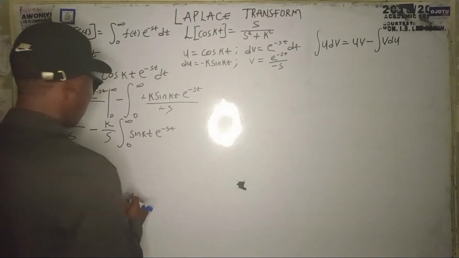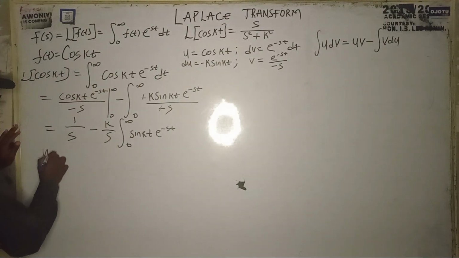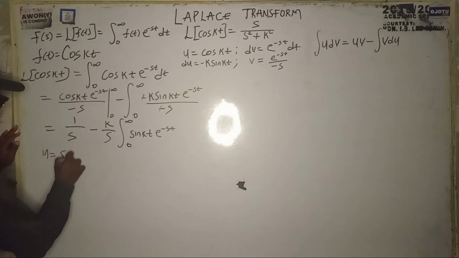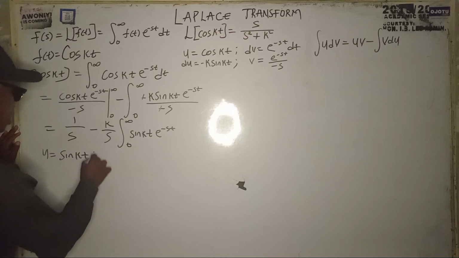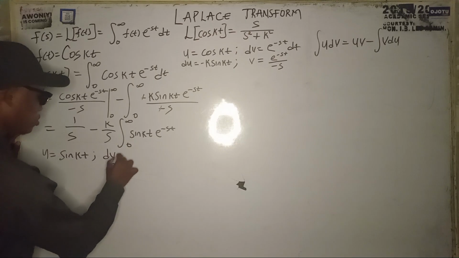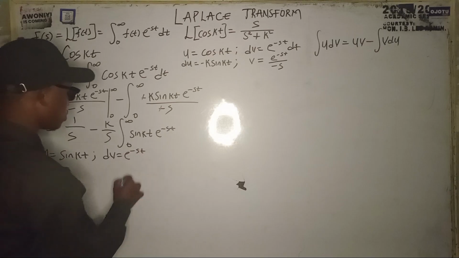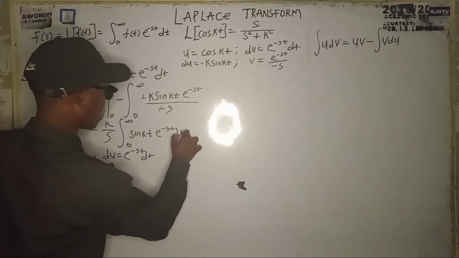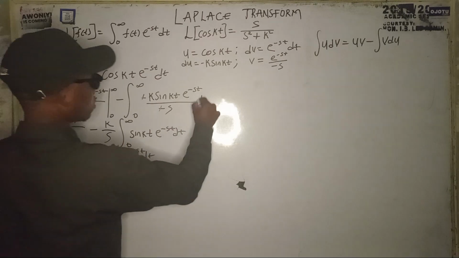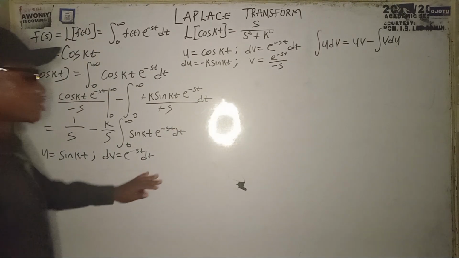So for this one, we pick u equal to sine kt, and we also have dv equal to e raised to the power minus st dt. Let's not forget our dt value.